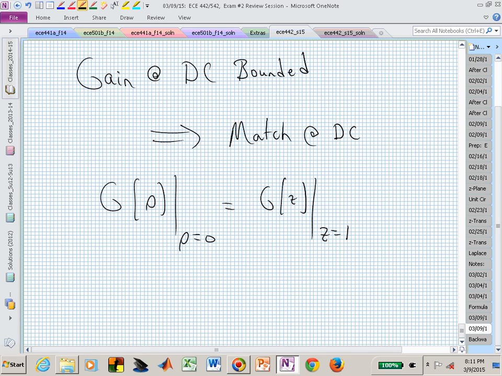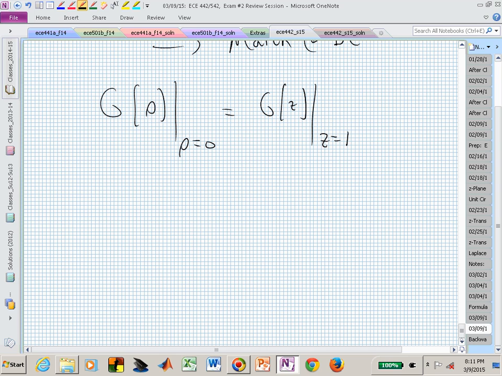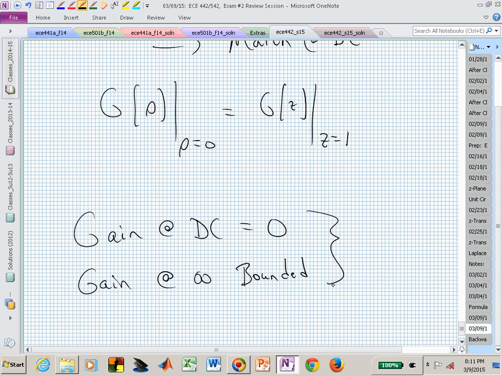And if you wanted to look at maybe the gain, let's say at DC is equal to 0, and the gain at infinity is bounded, then what do you do?